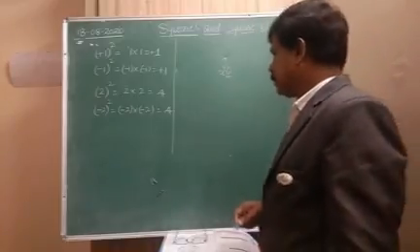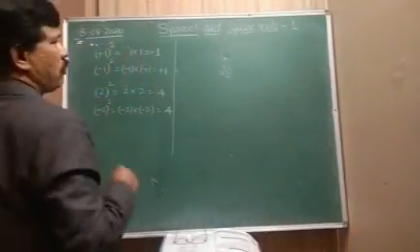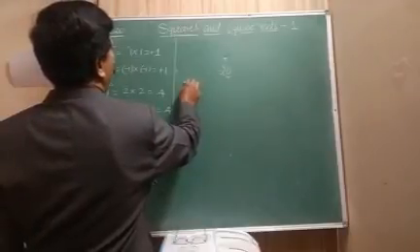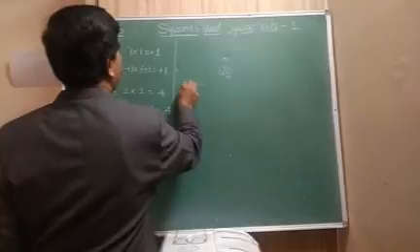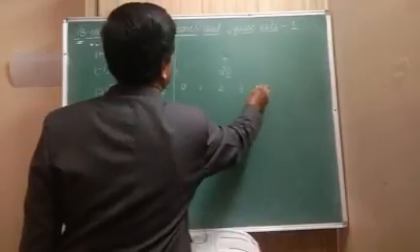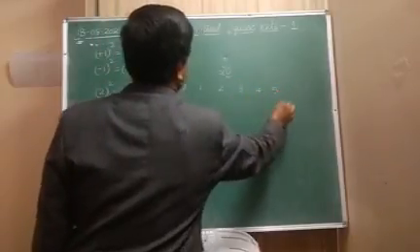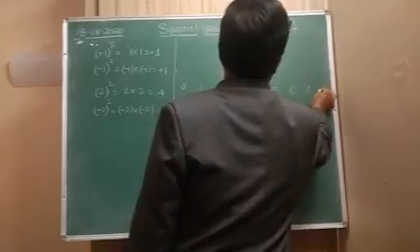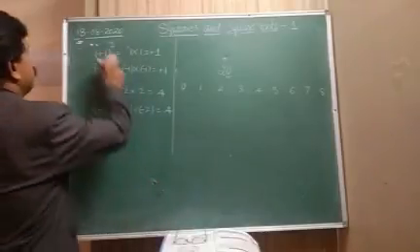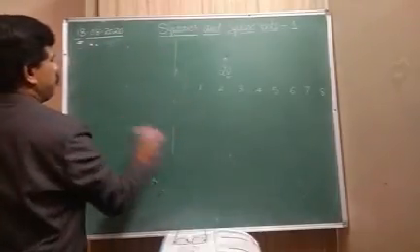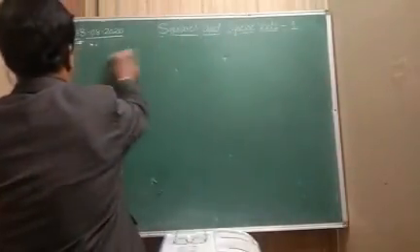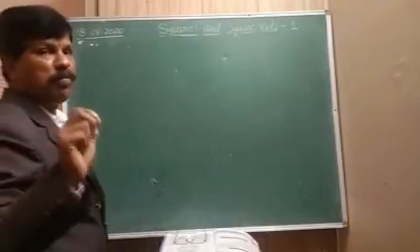Next, the perfect square numbers that I am writing in a column. This is very important.